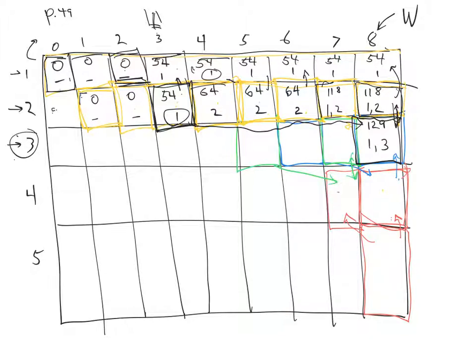Okay, and then in this cell, it's the guy above or the guy 5 over. Since I've got the indices, I can just subtract. So the guy above, sorry, using item 3 gives us $75, right?